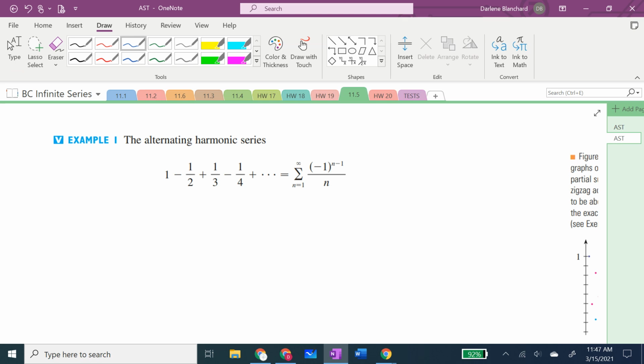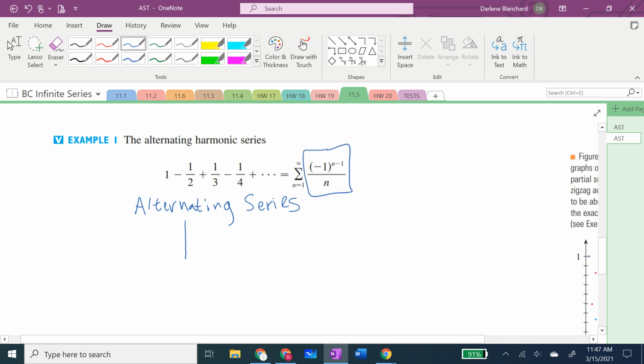You must verify in writing, acknowledge that this is an alternating series. Then you need to express the formula for the absolute value of your given formula.